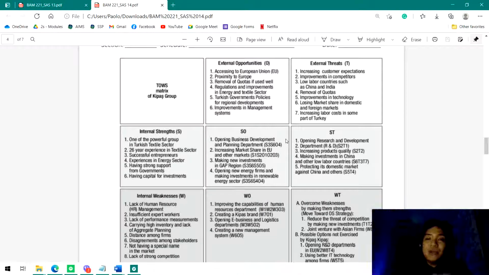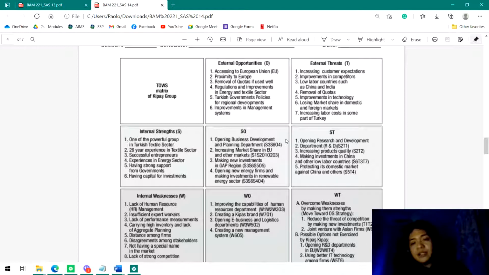By combining those, we now have this SO or Maxi-Maxi Strategy na opening a business development and planning department. So yun yung parang isa sa mga ways on how you can utilize the strength to take advantage of opportunities.